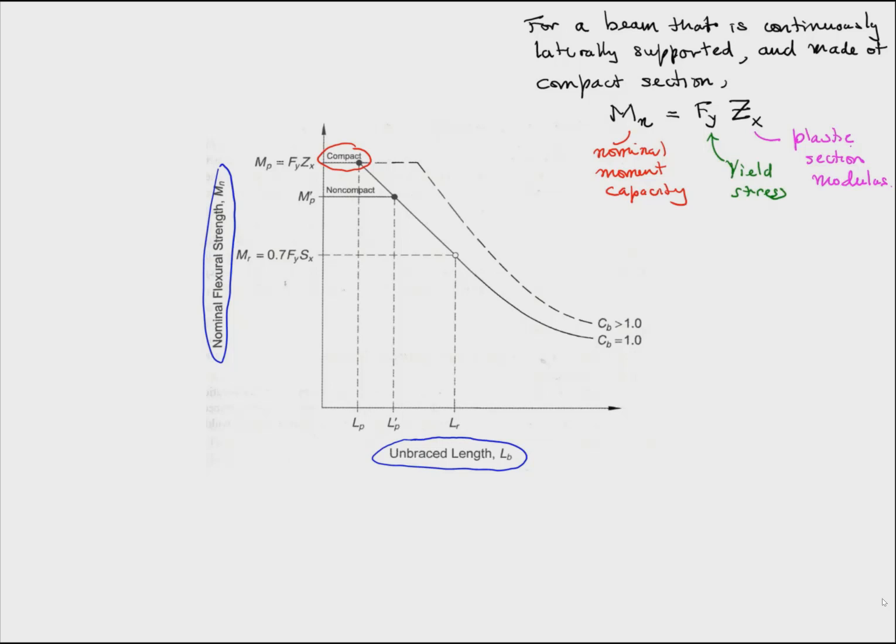And in other places, we see that the curve looks more or less like the column strength curve, because the phenomenon is the same. It's one of buckling. There's another quantity here, CB, which is called the moment gradient factor.